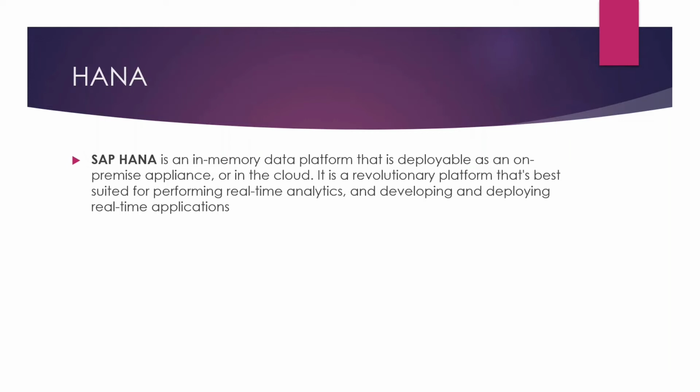S4HANA will give you the features: front end, back end, and the data storage, everything is provided by SAP. Previously it was SAP front end, and the back end was someone else. The storing of your data, server maintenance and everything was with different ERPs.